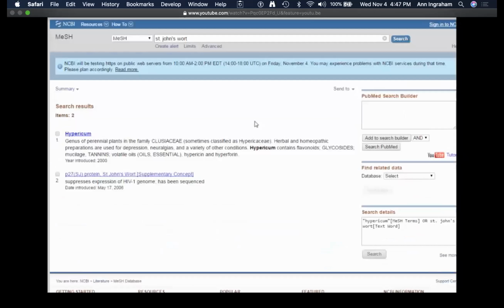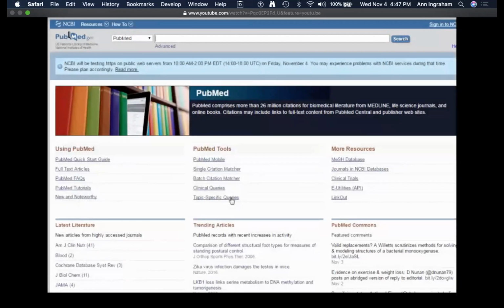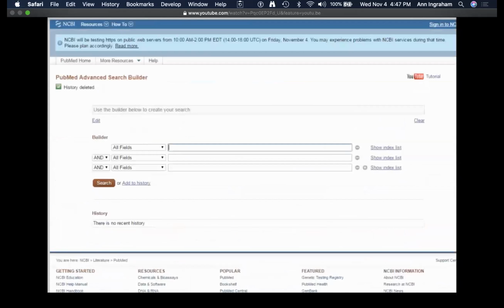Now we're ready to begin building our search, so we've got to get out of the MeSH database and back into PubMed. The easiest way to do that from the MeSH database is to scroll down and click on PubMed here. And now what we'll do is go into the Advanced Search Builder to combine all of our concepts.